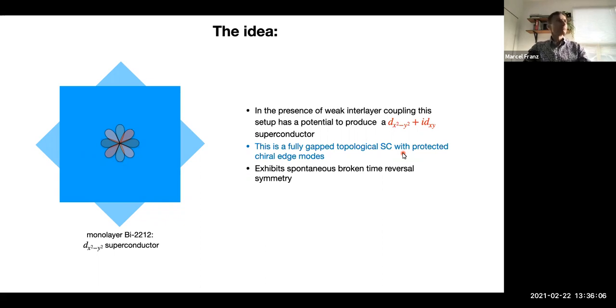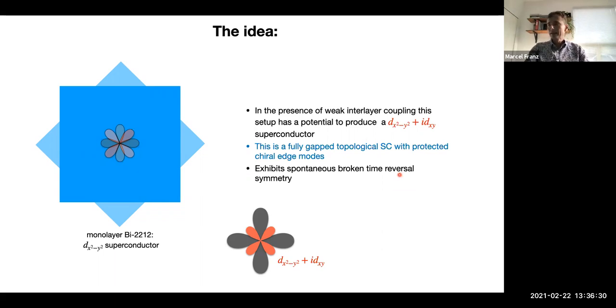At this point, I'm just motivating what might happen, but as I go through the talk, I will argue that this is actually the energetically preferred state in two layers with a twist close to 45 degrees, and I will go through several levels of modeling to support this idea.